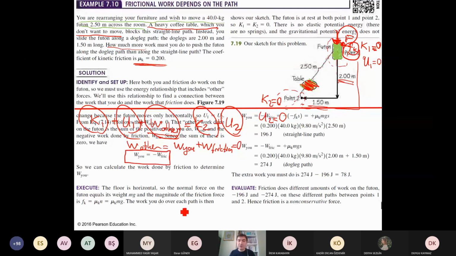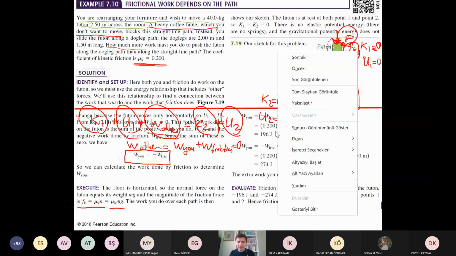So what about the friction force? Friction force can be written in this form, mu k times n, and n here is given by mg. If you write the forces along the y-axis, you can find this expression. Then, finally, look at this solution on the right side.